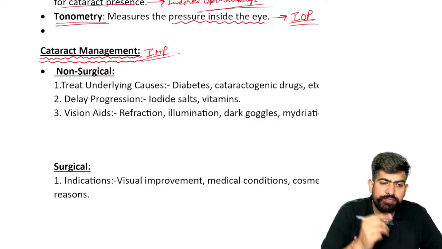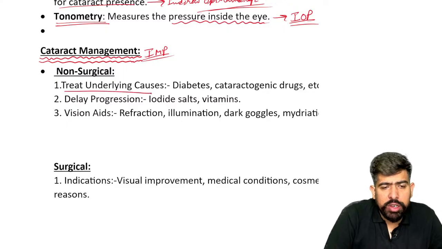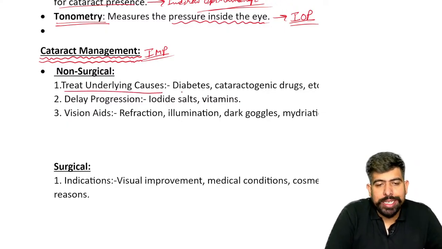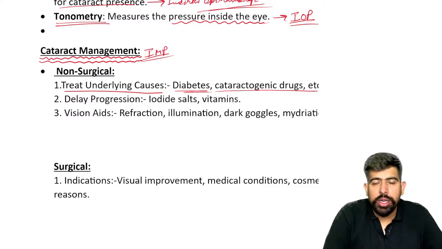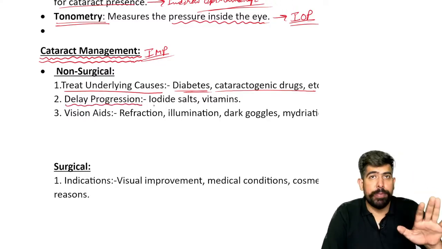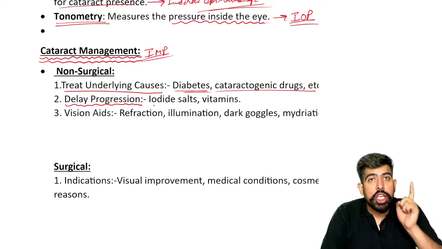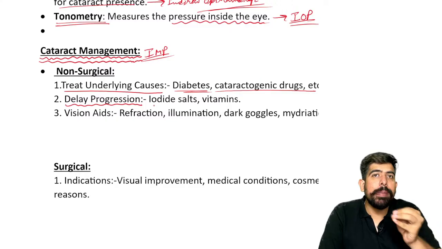We cannot treat the cataract through medicines, but yes, we can treat the underlying causes which are causing this cataract, like diabetes or maybe some cataractogenous drugs, steroids and all, that the patient is taking. Also, we can delay the progression. I'm not saying that we can cure it. If it has started, we can delay the progression.